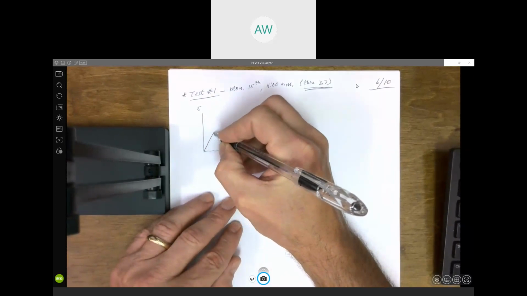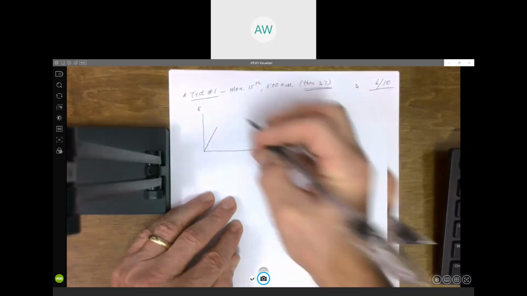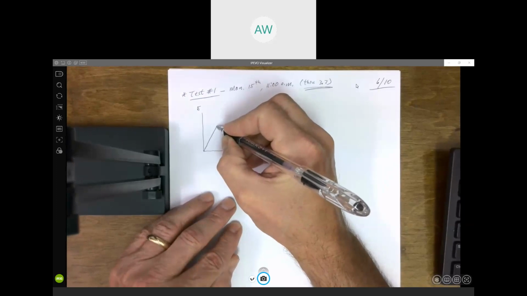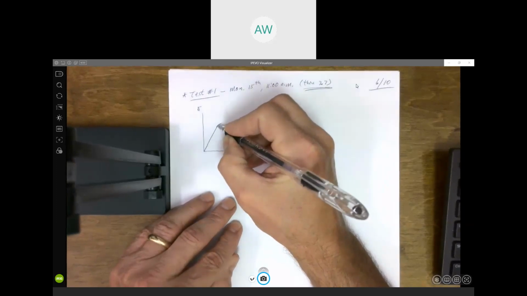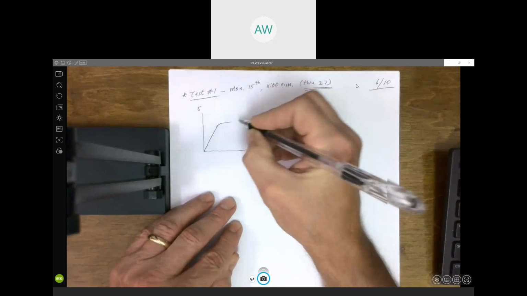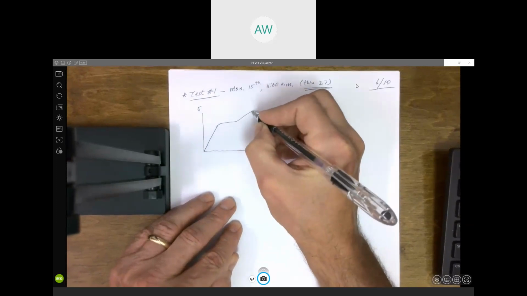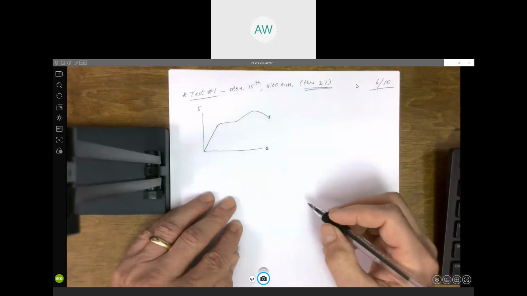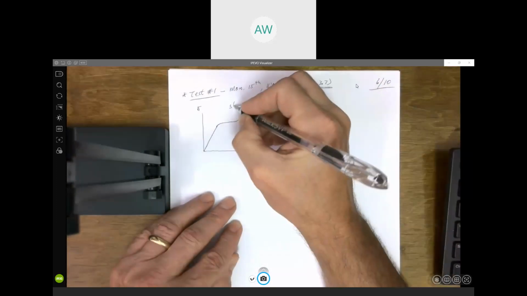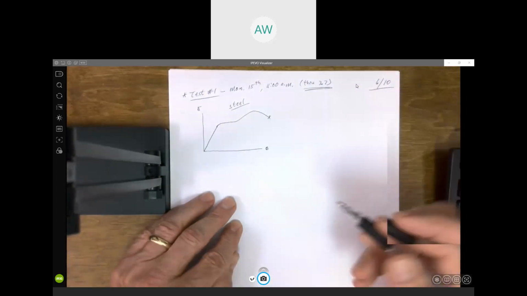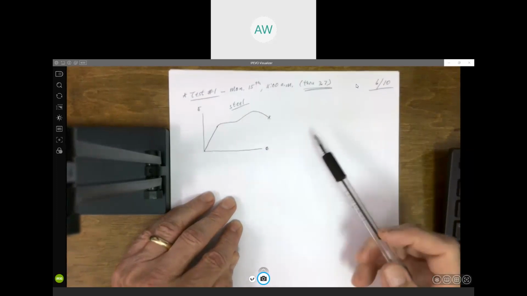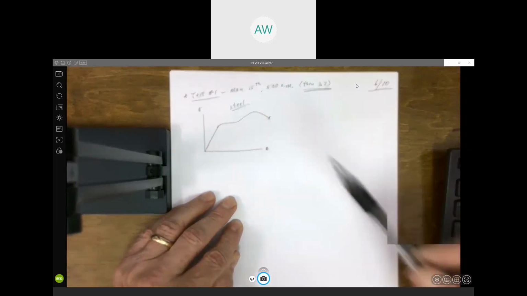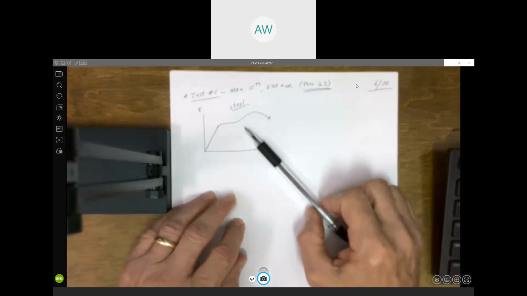We have a linear region where the graph is a straight line, and then it will start to curve. Usually it'll curve over and then kind of flatten out for a little bit and then go up, and then eventually at some point the material fails and breaks. Again, this is a typical shape you would find for most steels. Depending upon the alloy of steel, the numbers will be different, but the shape will be similar.